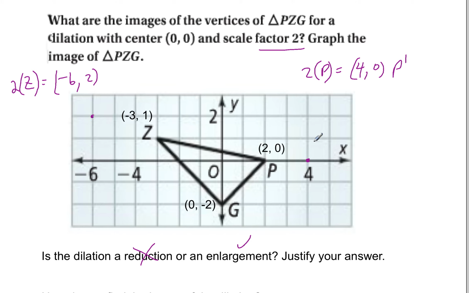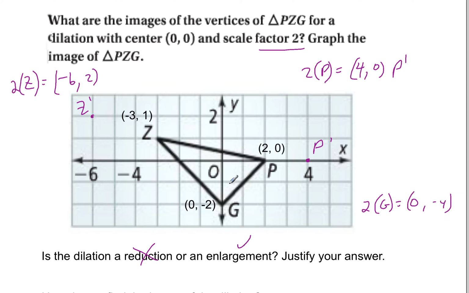Let's actually note this here. So this is p prime. This is z prime. And finally, I have g, which is 0, negative 2. So my scale factor is 2, so 2 times g, well, g is 0, negative 2, so my g prime is going to be 2 times 0, which is 0, and 2 times negative 2, which is negative 4.